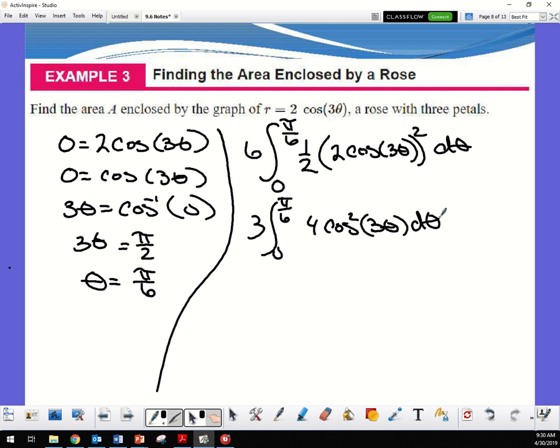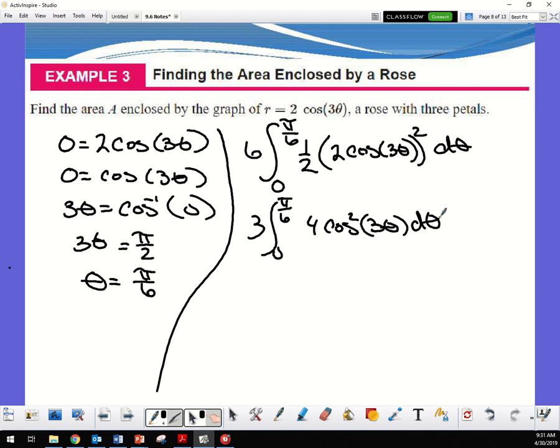Again, I have that square, right? Since it's a square, I'm going to use a double angle to replace that. But when I do a double angle on that 3 theta, what's double 3 theta? It'd be a 6 theta.